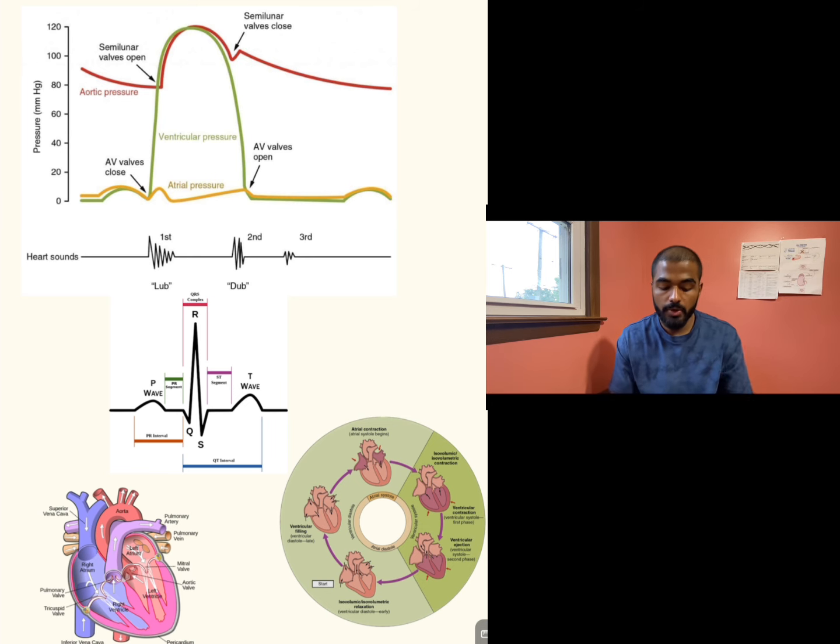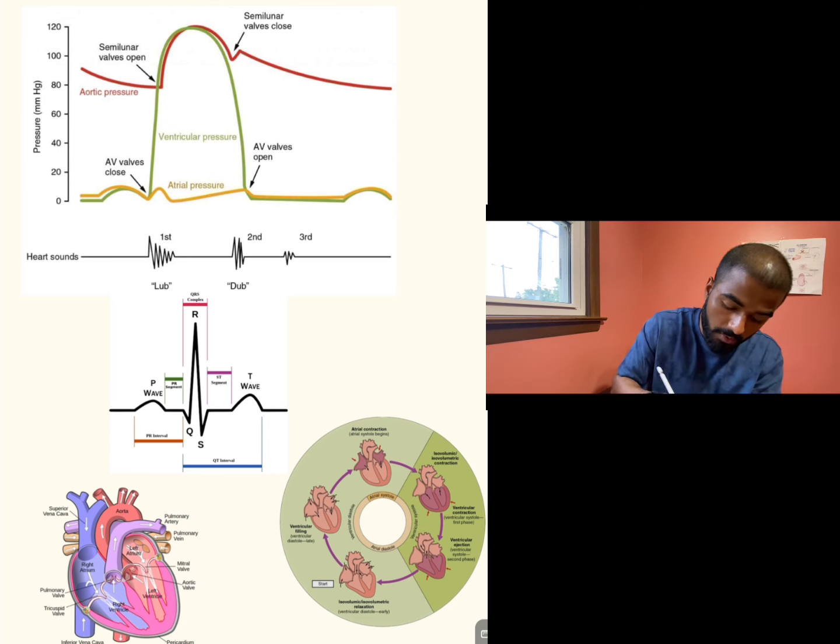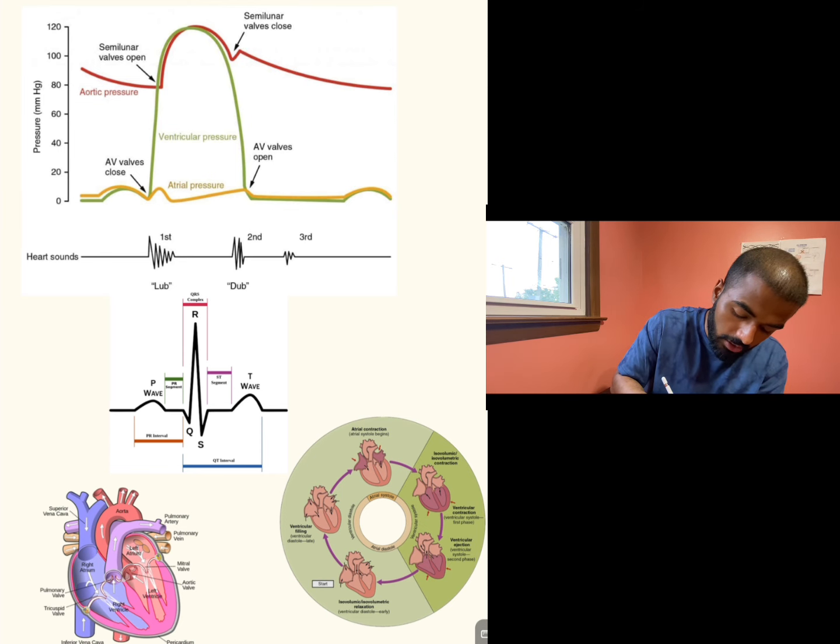If we have a pulmonary artery waveform, it's going to look similar to the aortic waveform, but it's going to be lower pressure. It's going to be between 15 to 25. So we have an upstroke right here up to 25, and then we have a dicrotic notch right there, and then we go down again.